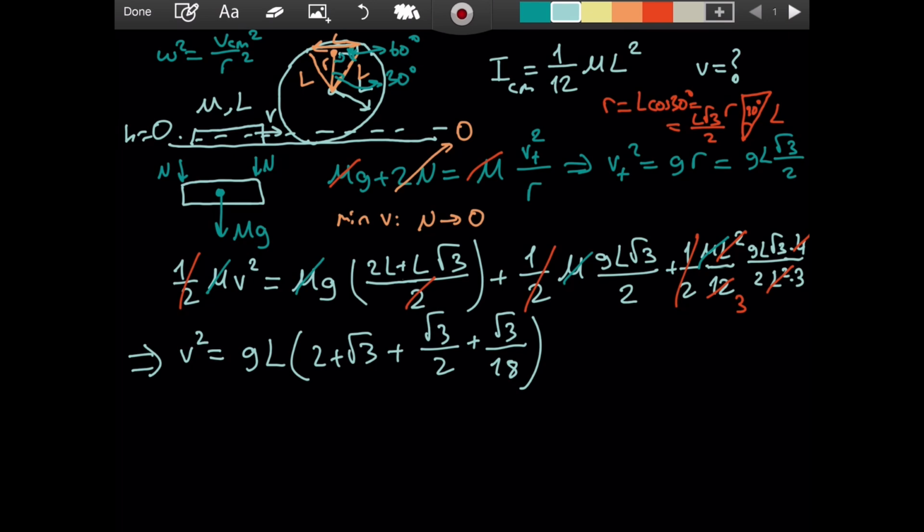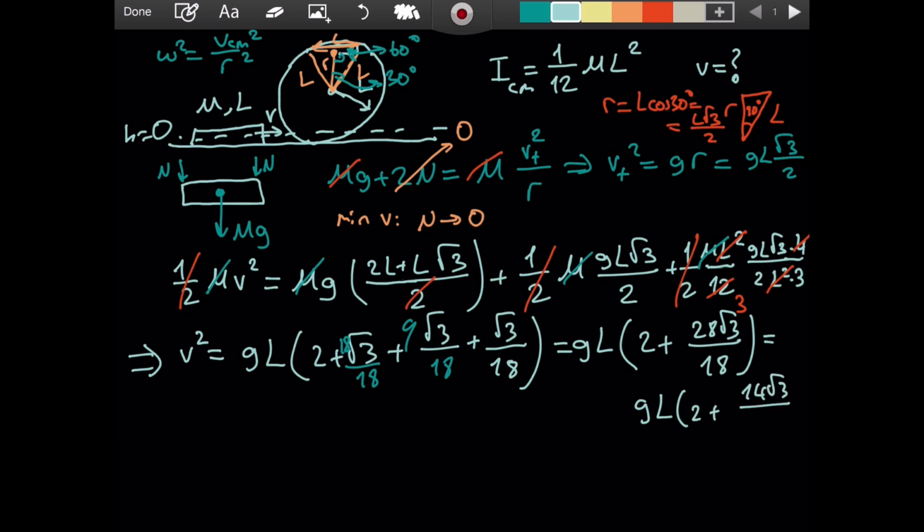Alright, so with this, we can now combine them under one common denominator, I guess. So this is going to be 9, 18 over 18, which gives you gL times 2 plus, let's add them. We will have 18 plus 9, which is 27, plus 1, which is 28, square root of 3 over 18, which will, of course, simplify to gL times 2 plus 14 square root of 3 over 9.